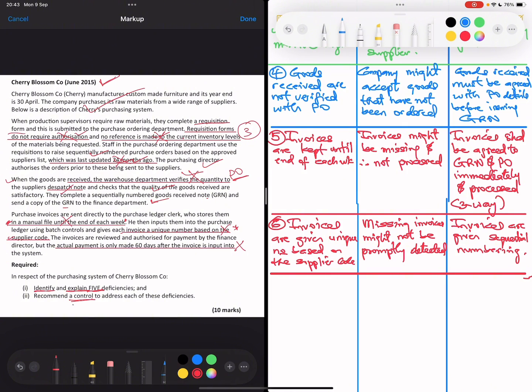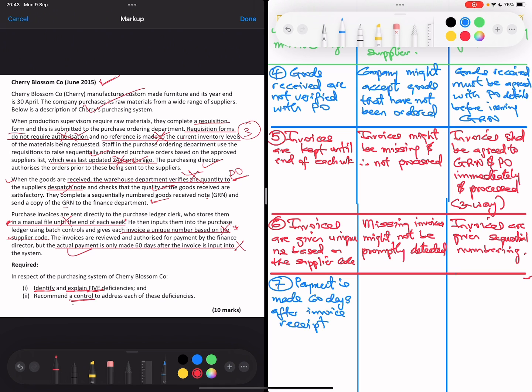We'll keep going. Number 7. We still have more. Payments is made 60 days after invoice receipt. That is not best practice. That is delayed.